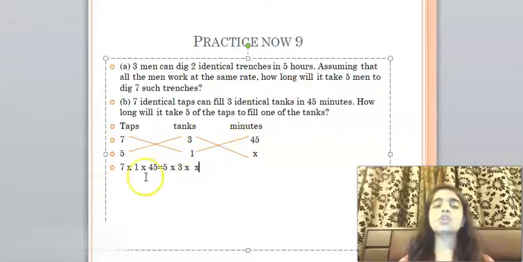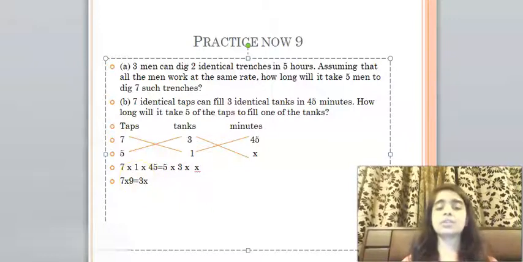Okay, so 45 and 5, they go in the same table. So 45 divided by 5 will be 9. Okay, so here I will have 7, we don't need to write 1, so we can say it's 7 multiplied by 9. And since 5 went there and divided 45, we will just write 3x. Now we can even take this 3 over there and divide. So 9 divided by 3 will give me 3.